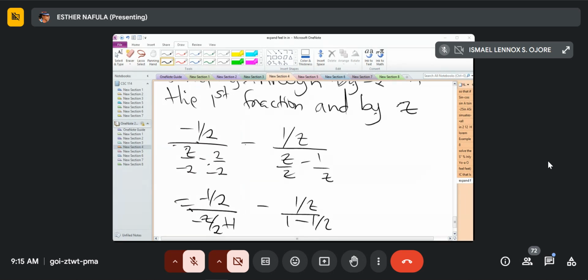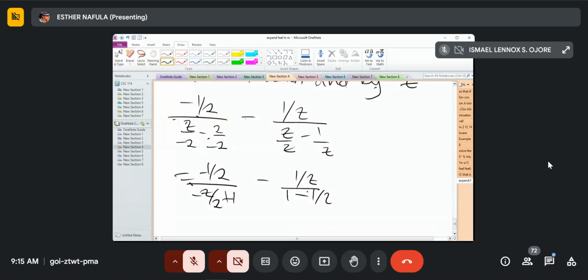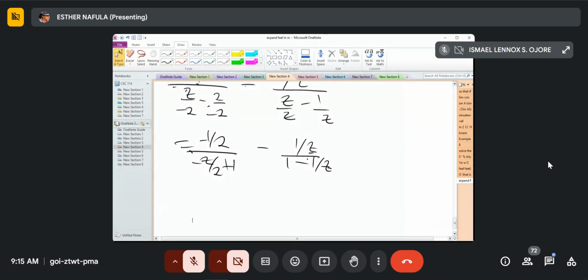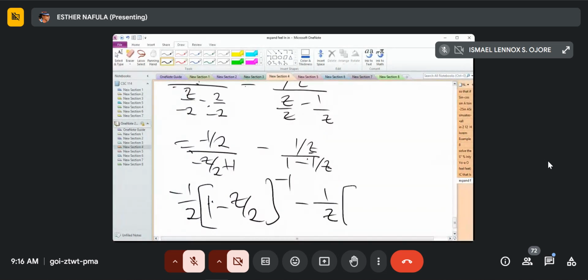This is z, don't confuse it for a 2. For the first part, this is minus a half. If we rearrange the denominator, you have 1 minus z over 2 raised to -1, minus 1 over z into 1 minus 1 over z raised to -1.